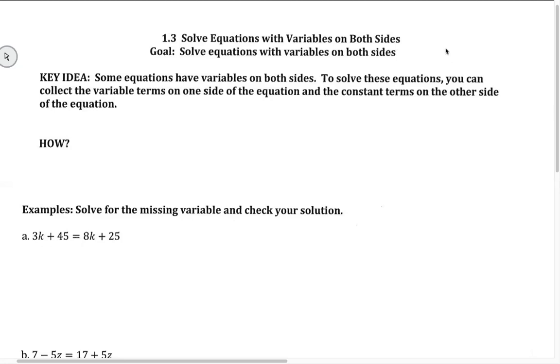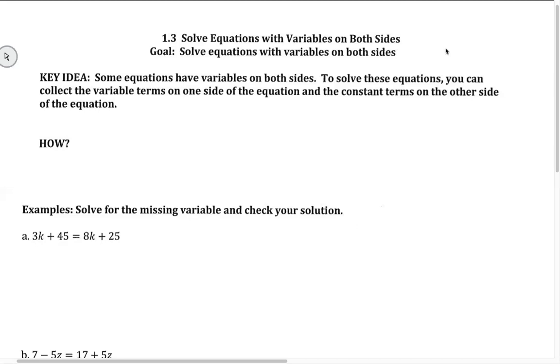All right, so here's the thing. When we have variables on both sides of the equation, some funky things start to happen. First thing is we could get a solution to the equation. That just means we get something like, for example, in A, K equals 4.